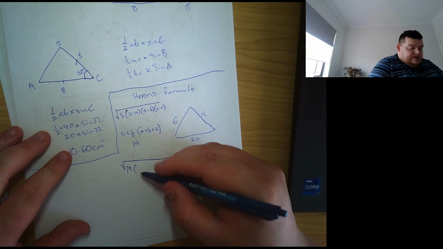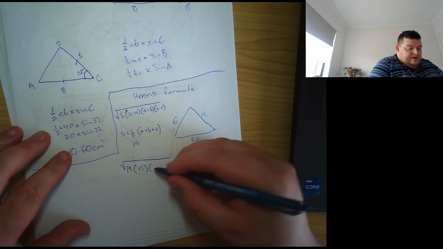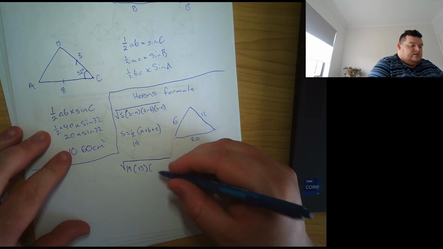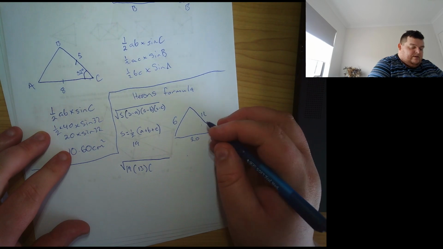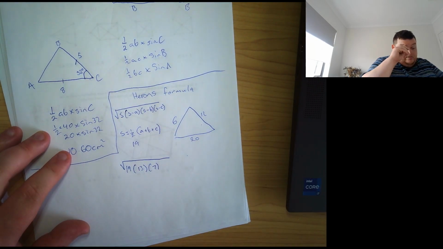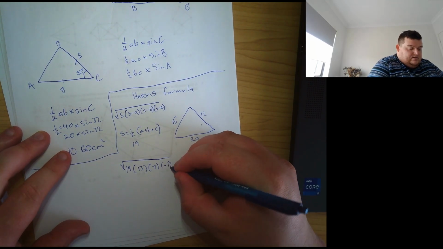19 minus 6 is 13, multiplied by 19 minus 12, which is 7. We'll do 19 minus 20, which is negative 1.